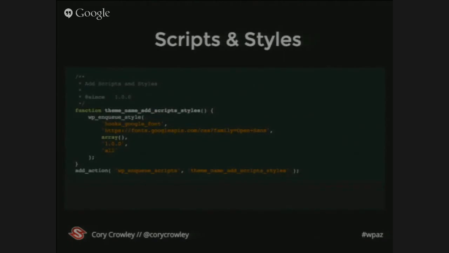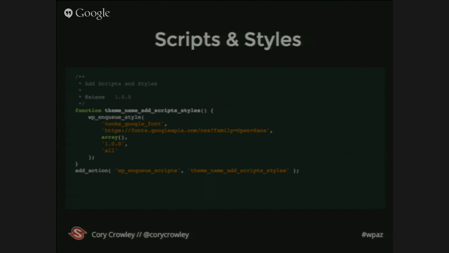So let's go through a quick example. Inside themes, we all know that we can enqueue scripts and styles by using an action, wp_enqueue_scripts. What wp_enqueue_scripts does is, at a certain point in the processing of the page, somewhere in the header, it will go through and look for anything that's hooked into wp_enqueue_scripts.